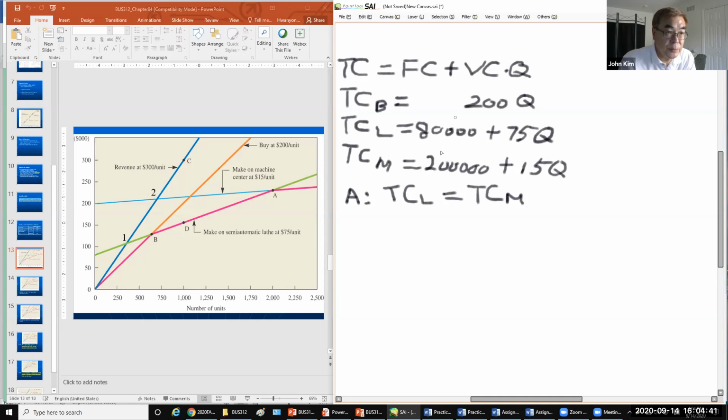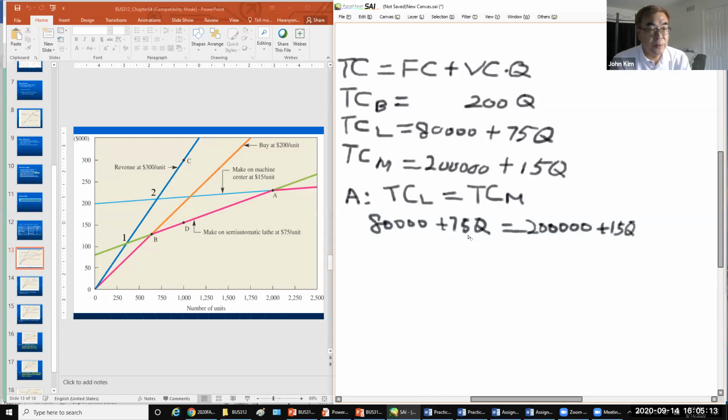So substitute 80,000 plus 75Q equals the third option 200,000 plus 15Q.